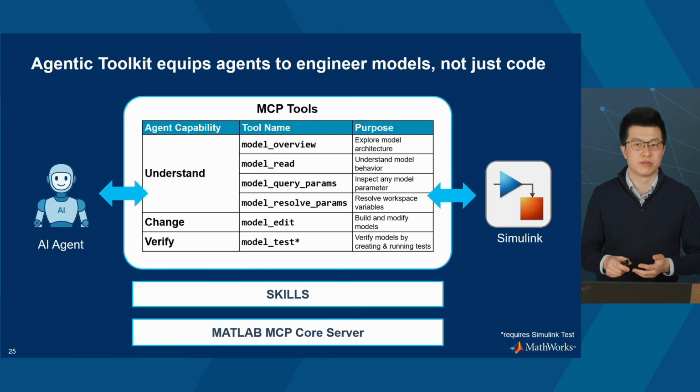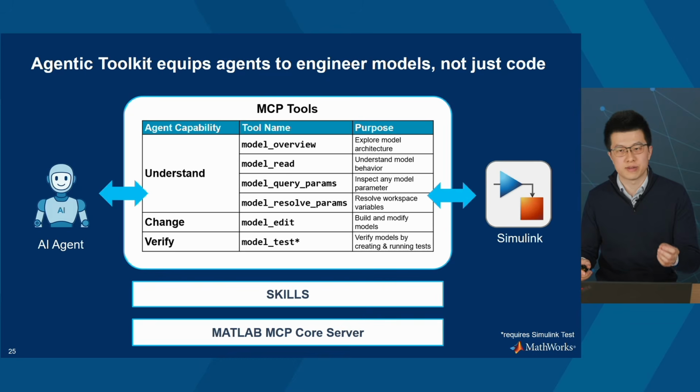There's also a tool for creating and running test harnesses. Underneath all of this sits a skills layer. Skills are plain text files that encode domain-specific knowledge and best practices for calling a set of tools for a specific task, such as how to structure a test harness and how to make targeted changes to a model. They equip agents to think like engineers who are fully proficient in Simulink and model-based design.